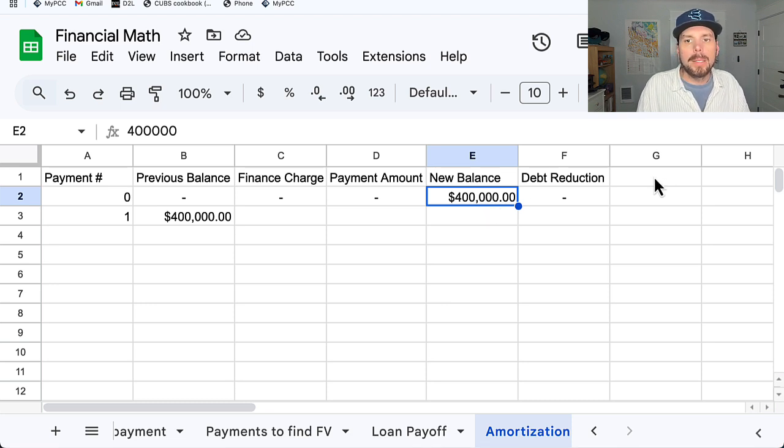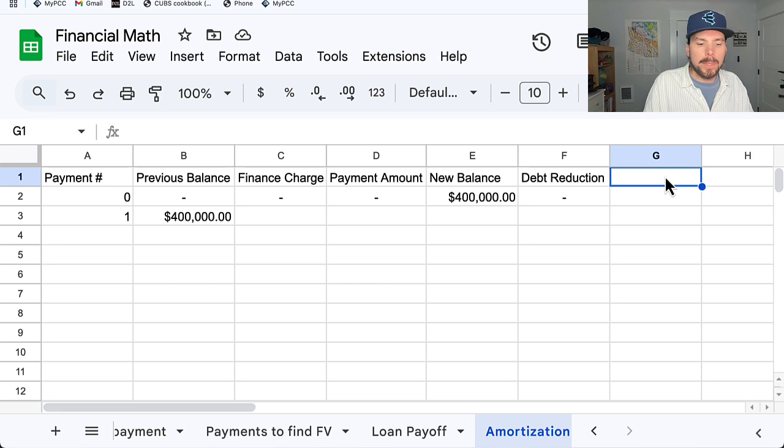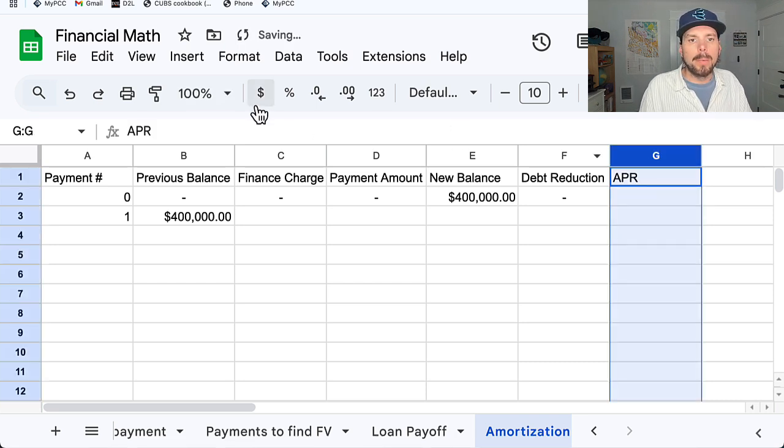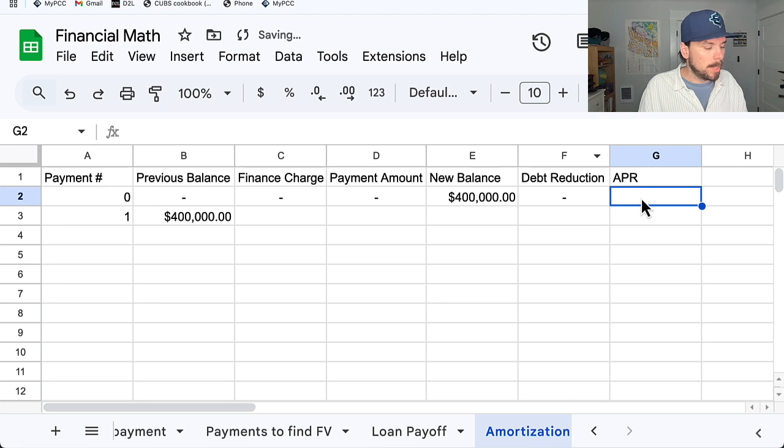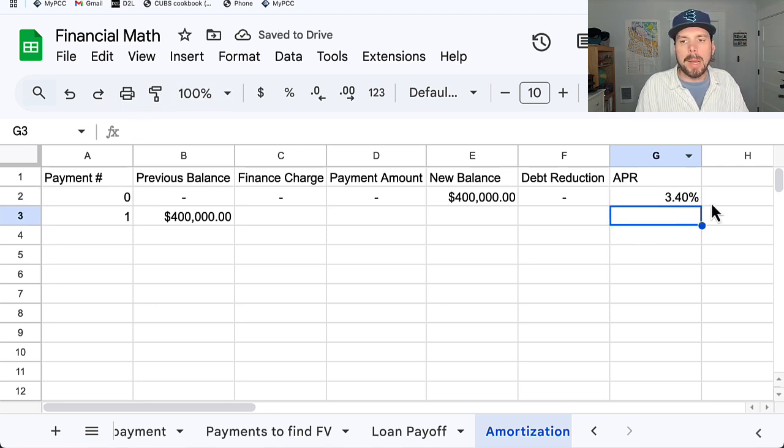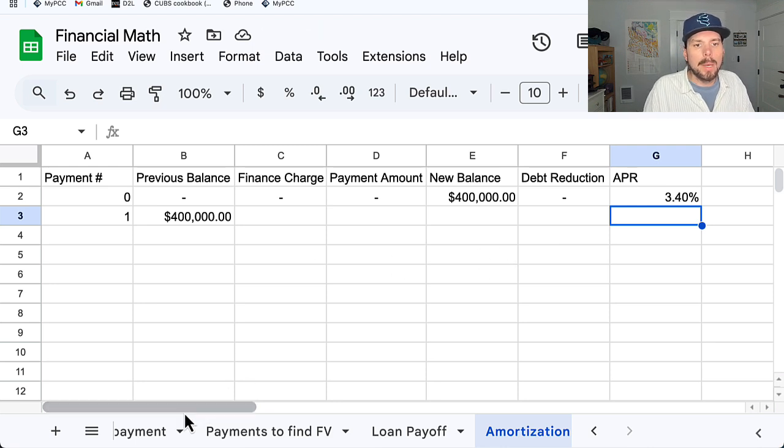I also like to create another seed cell off to the side, which is my APR. I won't be filling that one down. I'll just put in a percent, for example, of 3.4%. Might be a first-time buyer getting a nice loan. Could be, if you do, I think it's a HSA loan or something like that. They'll give you a nice rate.